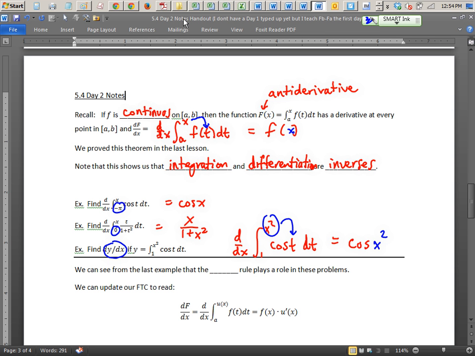But the chain rule is part of every derivative problem. Right? We always do the chain rule. Always. There's never an exception to that. And technically, you just differentiated with respect to x, but the inner function was x squared. See? So we need to attach a 2x to the end of this. It's part of the chain rule.